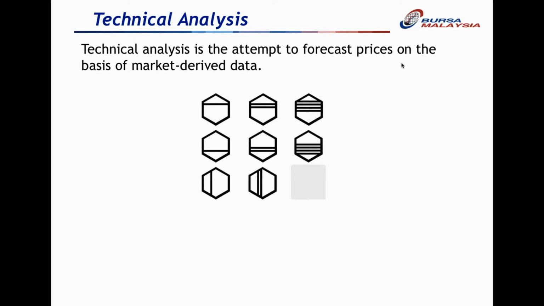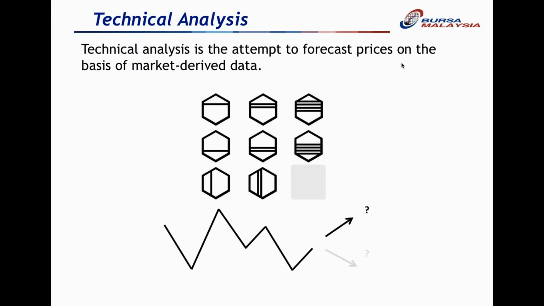You see different patterns here and there, and then you try to predict what the next pattern will be. You look at the price action and try to predict whether subsequently the price will go up or go down. So that is technical analysis.